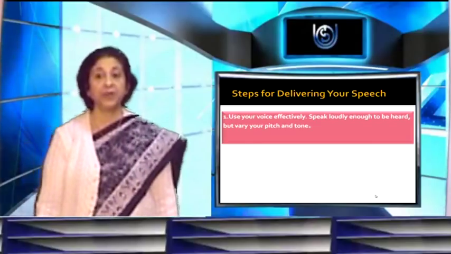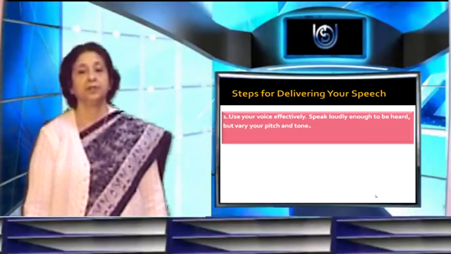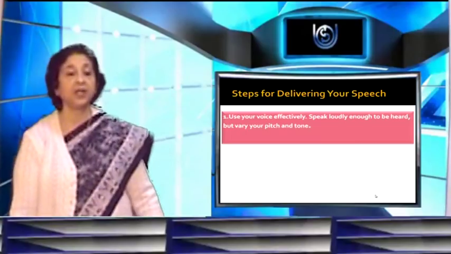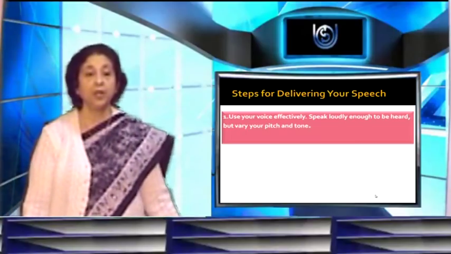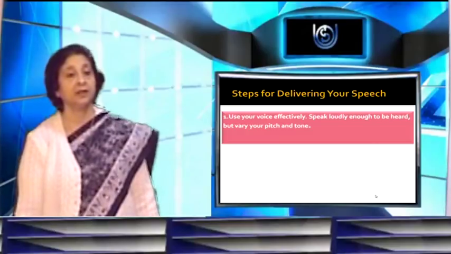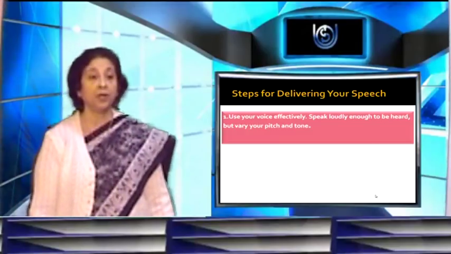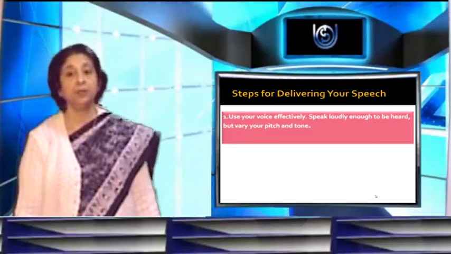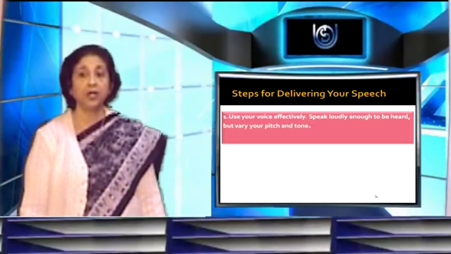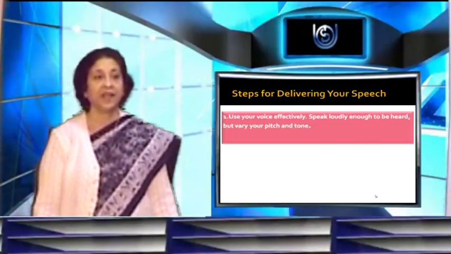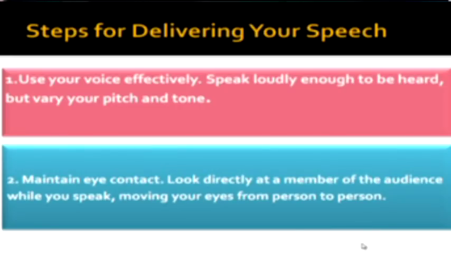So your pitch and your tone should be very accurate, neither very low nor very high. The pitch and tone, both are very important. You should be loud, but you should not shout, and you should be audible to the audience properly.